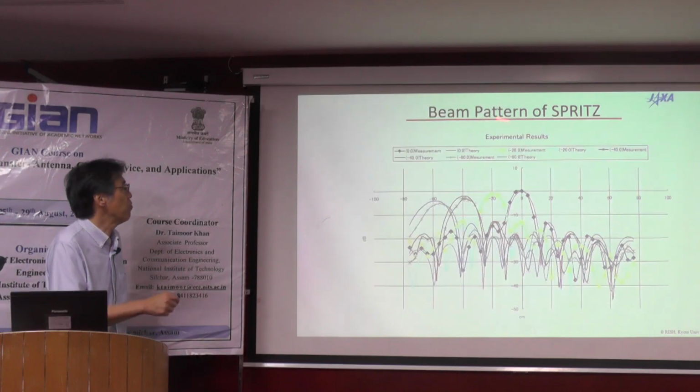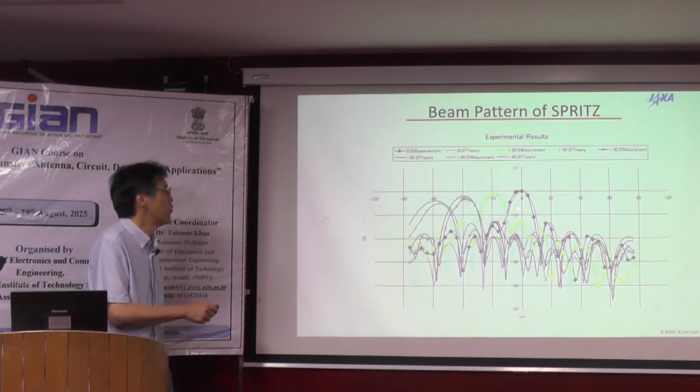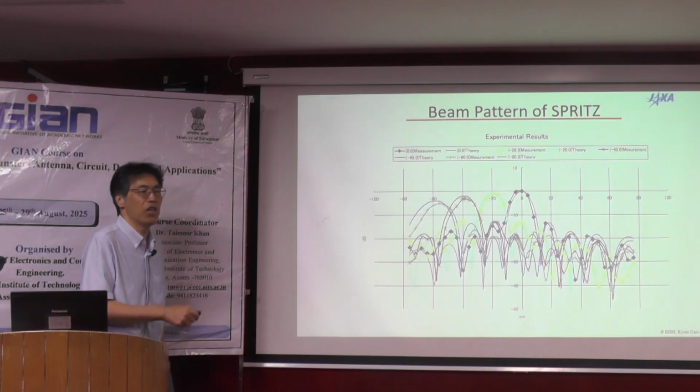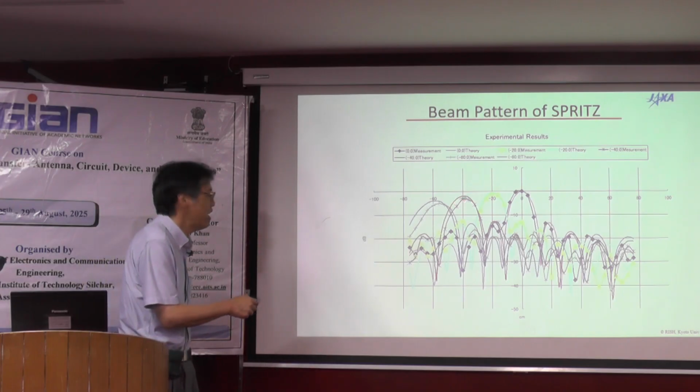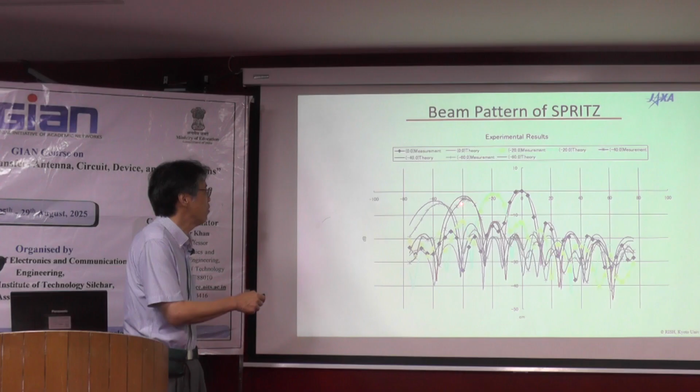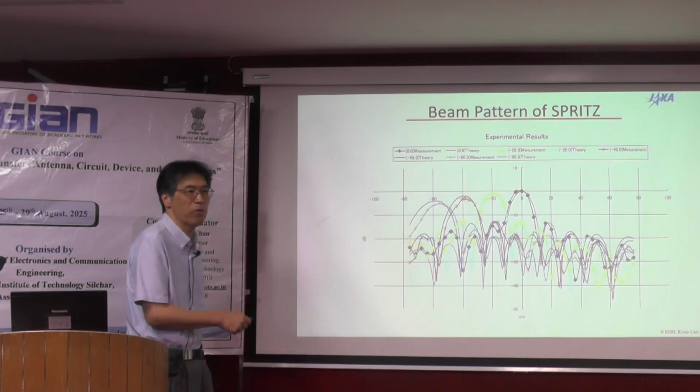This is the beam pattern, measured and theoretical result, of this experiment. Here you can see they are the same, and we could control the beam direction in this experiment. Here you can see there is some difference between the theoretical result and the measurement result.